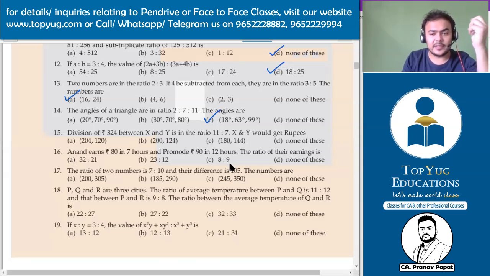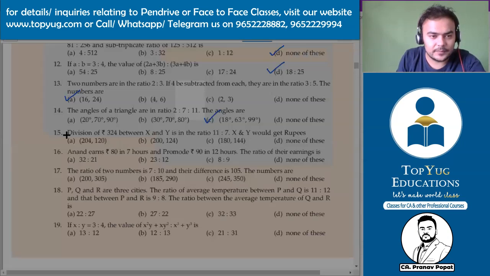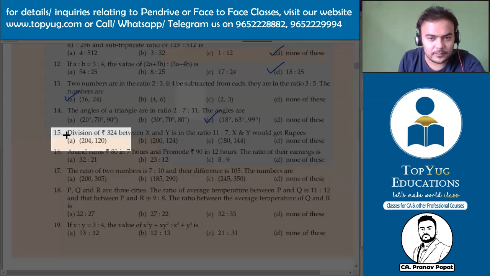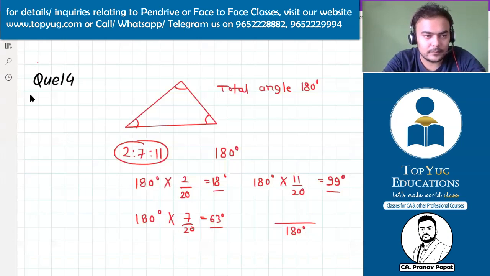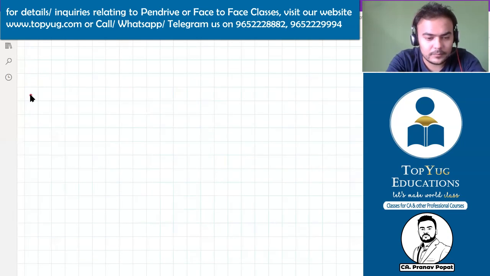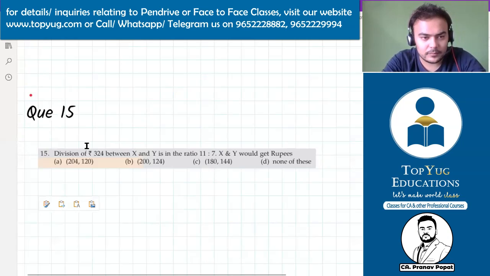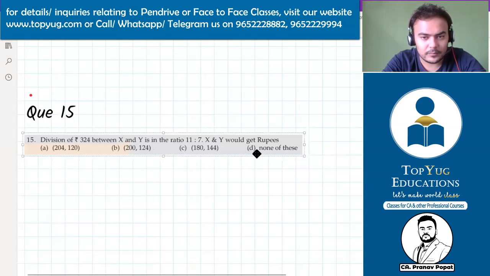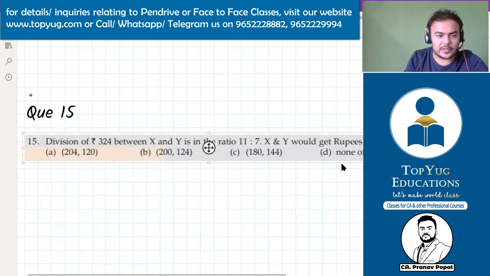Okay, for question 15, what is the answer, guys? None of the options is matching, right? Let's check question 15. So my total value is 324.